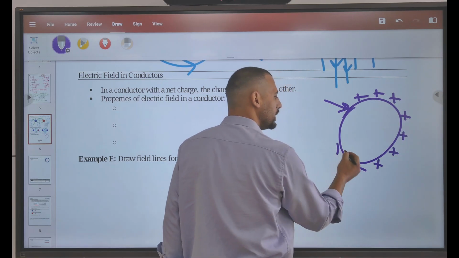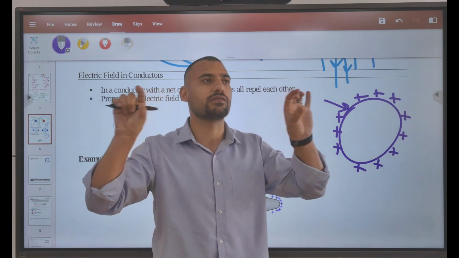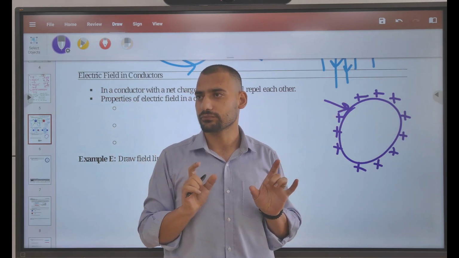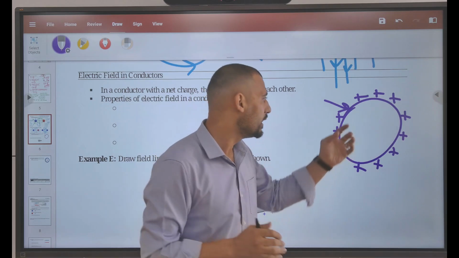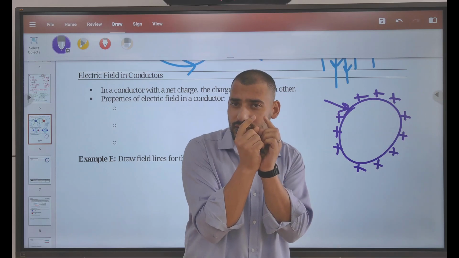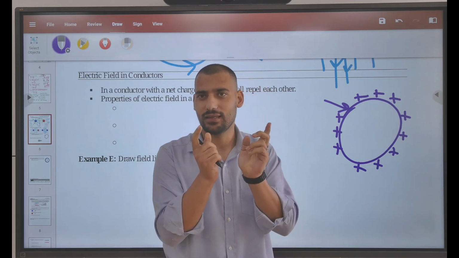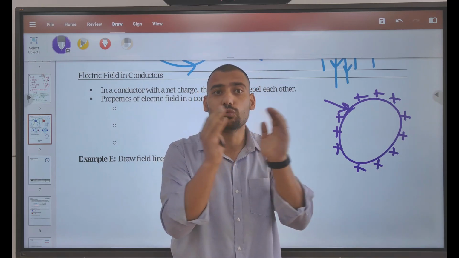Charge cannot be present within. Charge is always present on the surface. Is it clear? Because you need to understand, if the charge is kept inside, what will happen? The charges are very close to each other, and when the charges are very close to each other, they repel, and the repulsion causes them to move away, right?